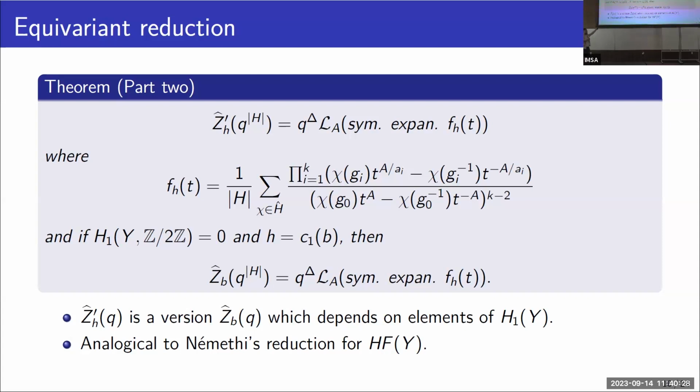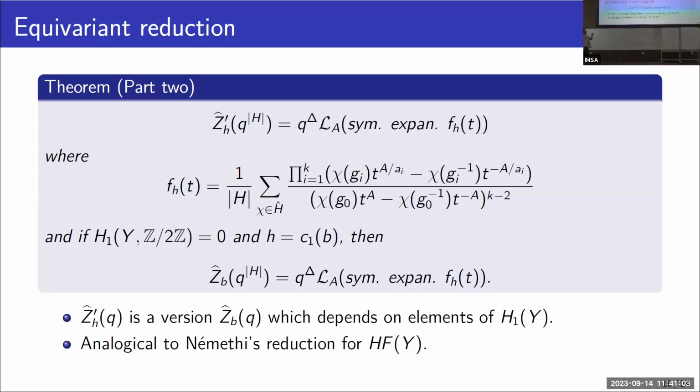So that's a usual trick, but it took some time because it is more natural to think of some slightly modified invariant, which actually depends on an element of H1 rather than a spin C structure. And then you can sometimes get the Z hat invariants, but sometimes there is still some tiny discrepancy between this Z hat prime and Z hat.